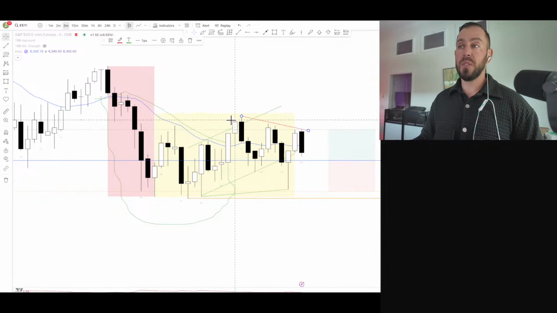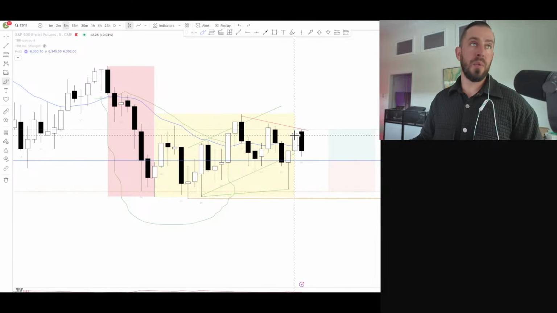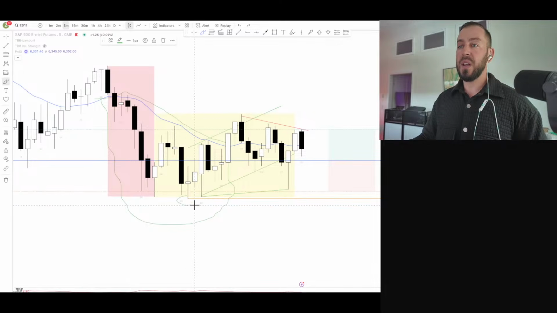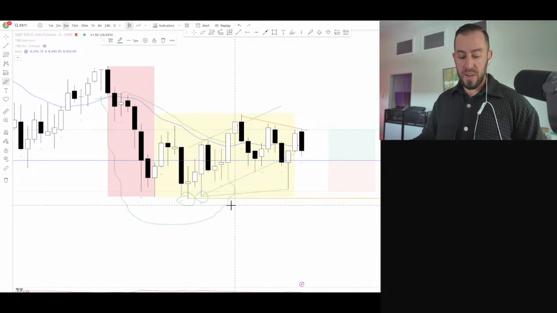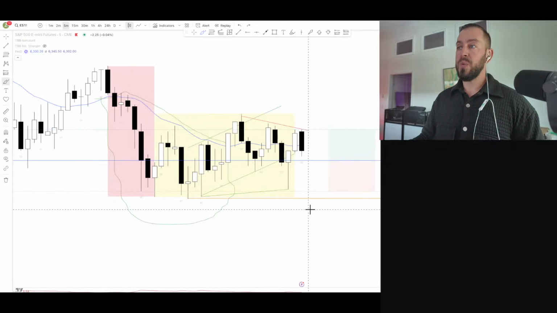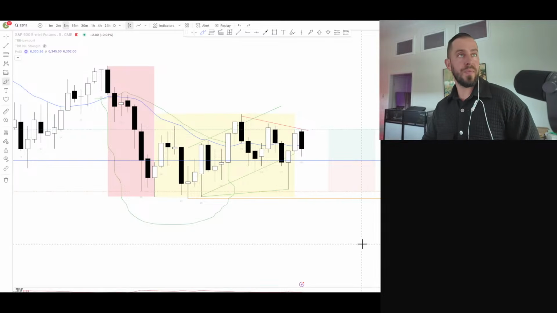That's two double tops, making either a triple top or a wedge. And we have the same thing down here, right? Double top here and here, and then another one here. So the market now is in something called a triangle.